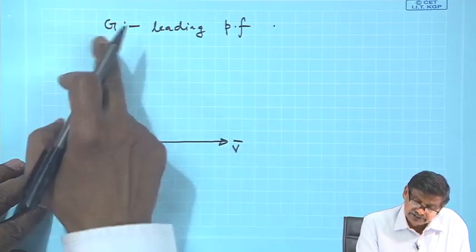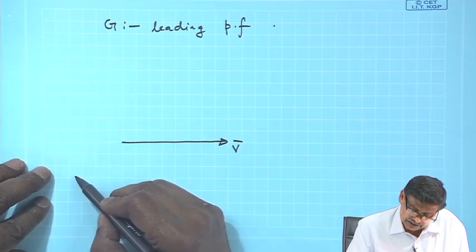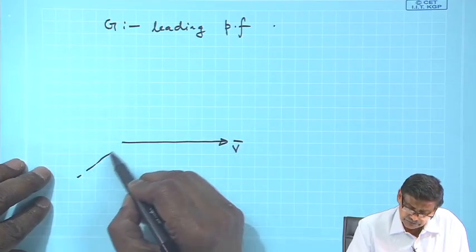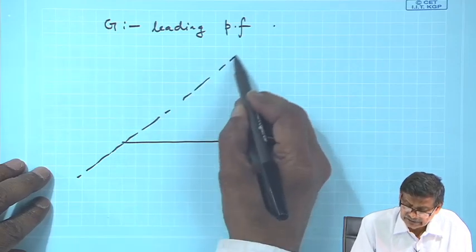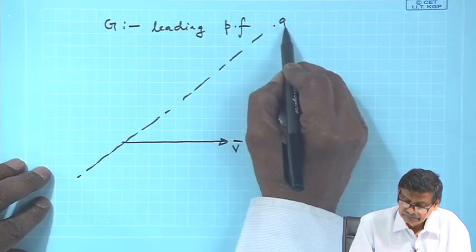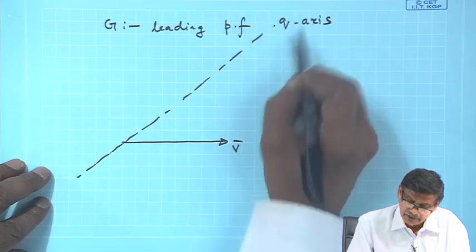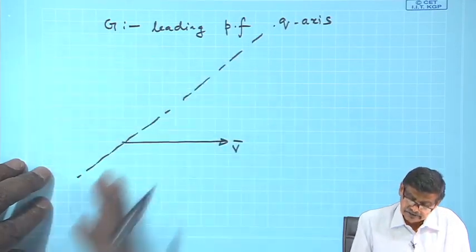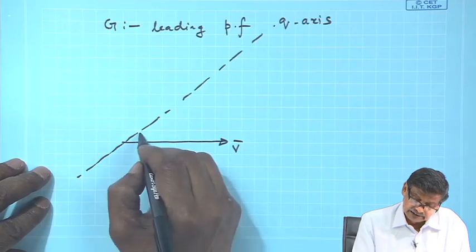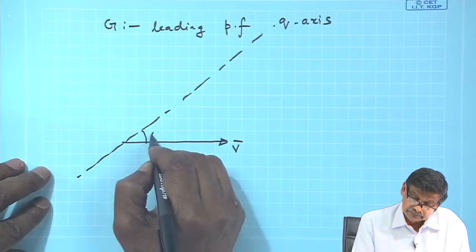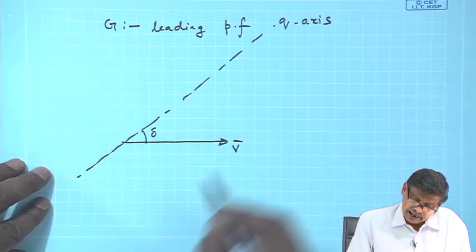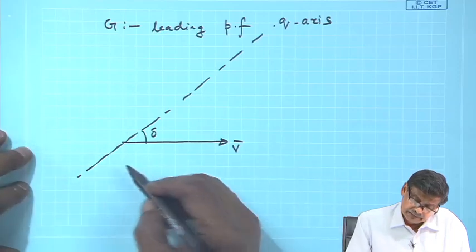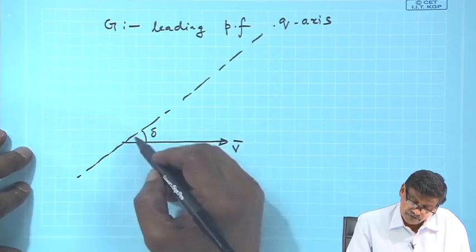Then I know it is a generator, so E f will be above it. Suppose this is the q axis where your E f will ultimately reside. So, this angle is delta, and suppose I say that it is leading power factor.